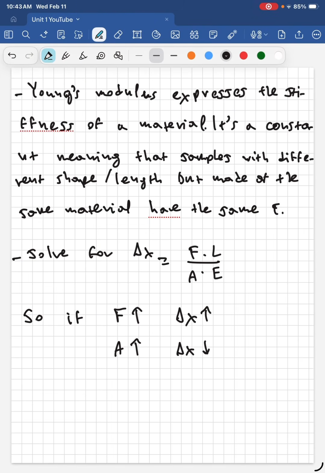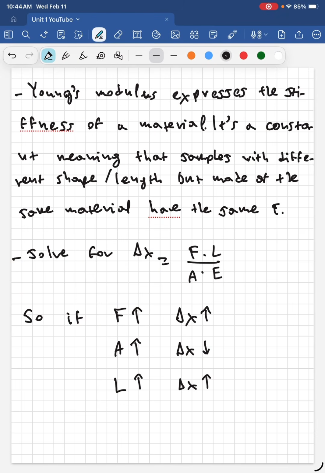A thicker wire will extend less than a thinner wire under the same force and length and Young's modulus. If the length of the wire increases, then delta x also increases, which makes sense. It's easier to pull a longer wire than a shorter wire, given that the cross-sectional area is the same and so on.